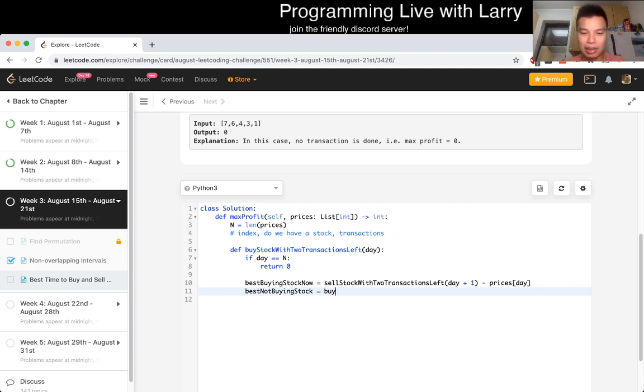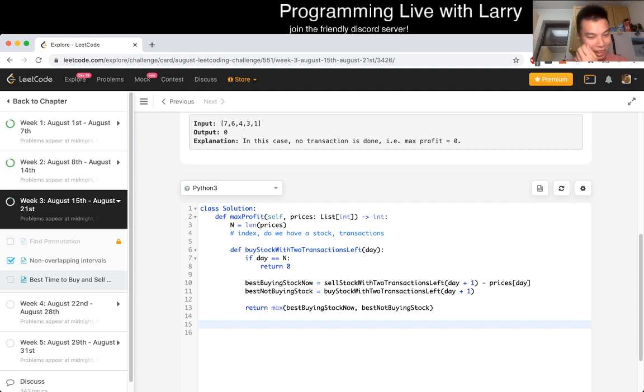So buy stock with 2 transactions left of day plus 1. And then now we just have to return the max of both of these things, because whatever gets you the max will get you the better overall profit, right?